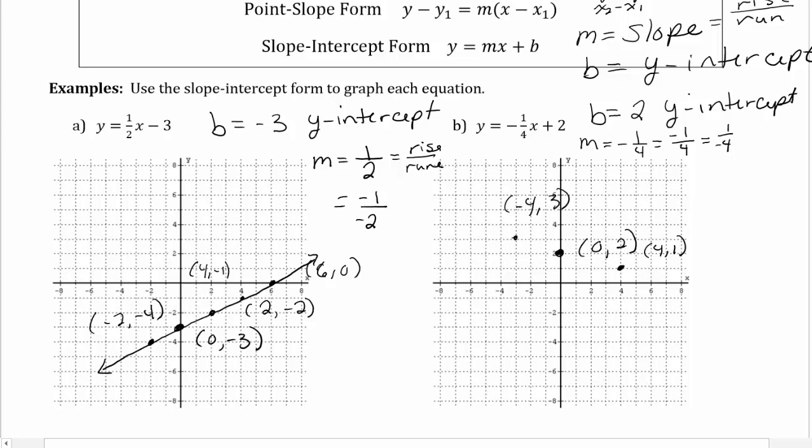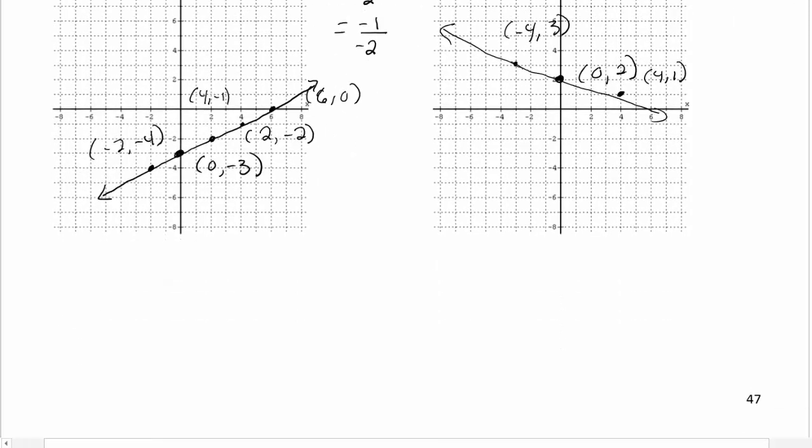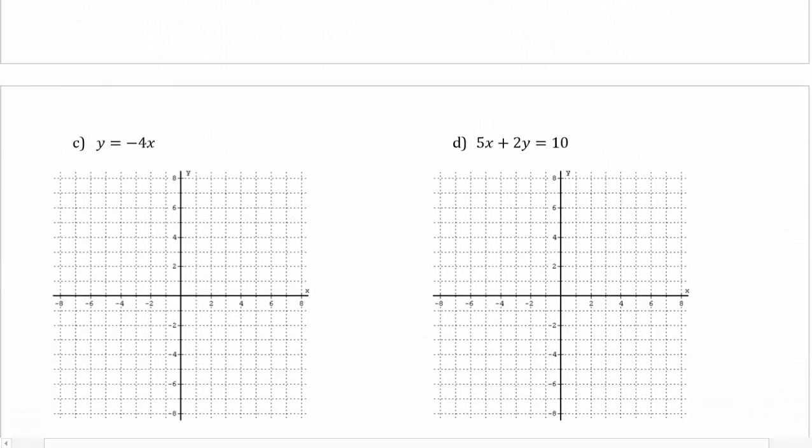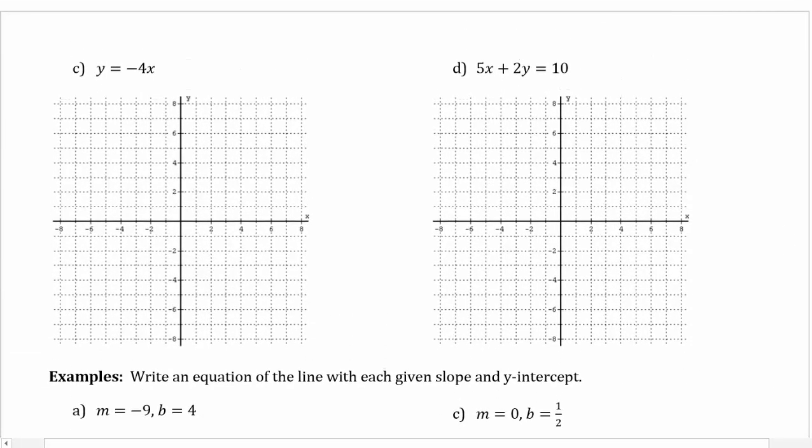Three points is enough, so we can stop there and graph in our line. Make sure when you're graphing that you also remember to label the points that you are plotting. That's going to be really important.